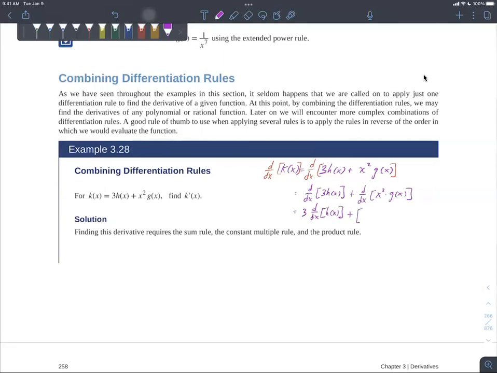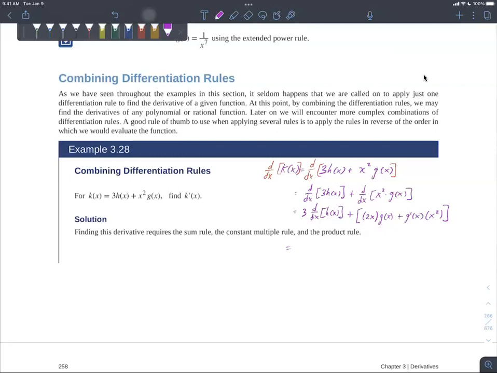If we consider the first one to be f and the second one to be g, then we can use the product rule. f prime, the derivative of the first function, is 2x times g of x, plus g prime of x times the first function, x squared.